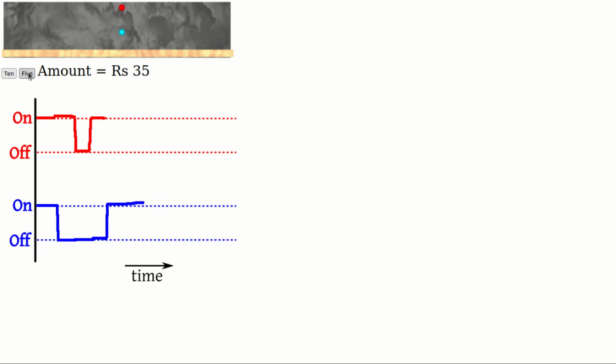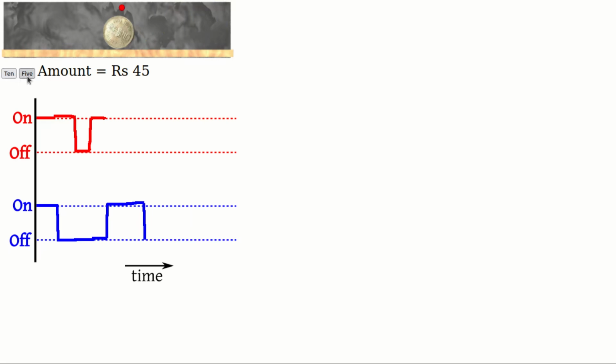Now, in case of the 5 rupee coin, the blue one will go down. I will of course assume that you cannot really make both the coins enter the slot at the same time.